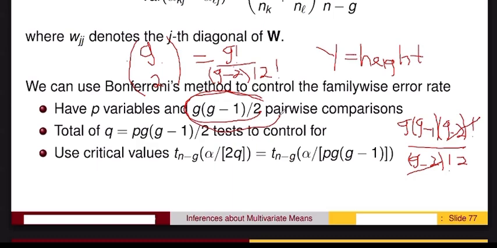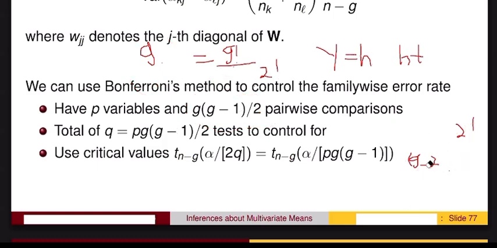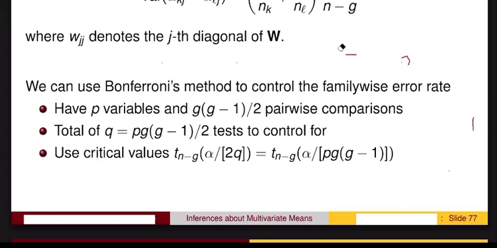We don't want that to be exceeded, and that's why we need a control, we need an adjustment, and that's why Bonferroni is coming in. What the Bonferroni is going to do is divide, so please pay attention, it is going to divide by the number of comparisons.